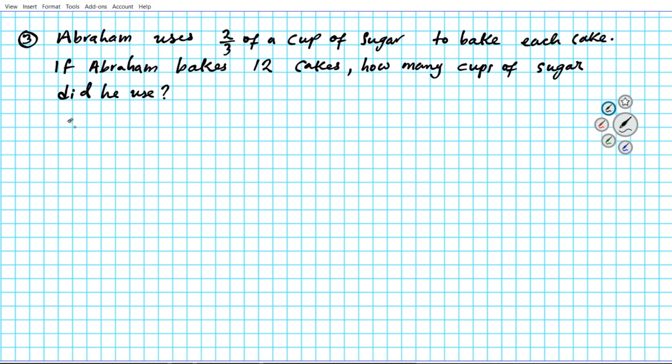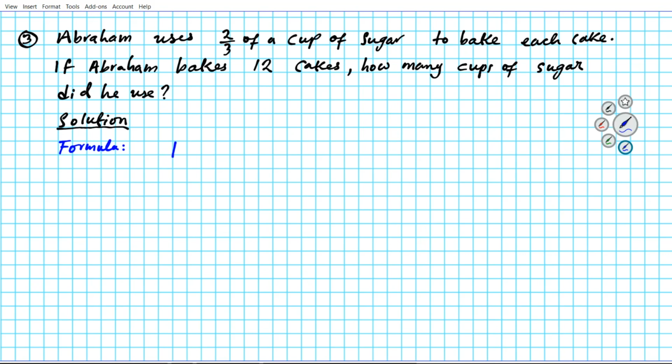Okay, all right, so let's do this. For this particular situation, we have a unit amount, and you have to find the total amount that's used to generate a greater amount. So let's write down the formula for solving problems involving unit amount.